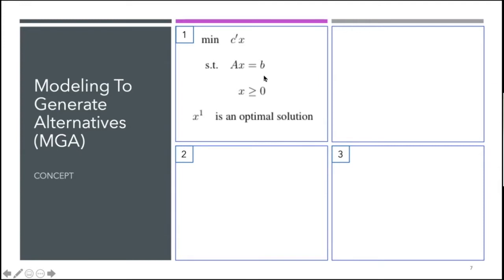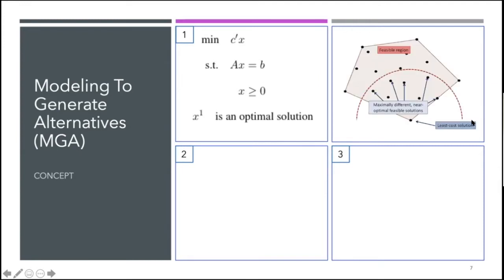So the idea of MGA is basically to create a bubble around the cost optimal solution.